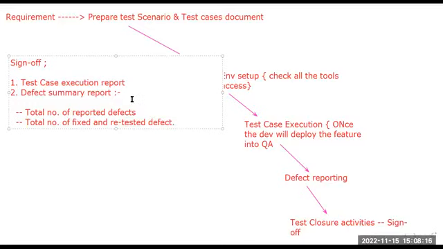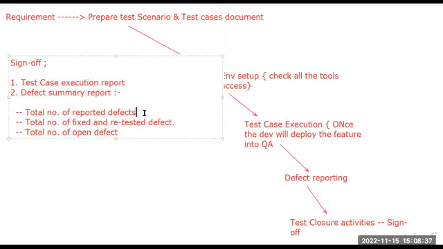Let's say you have reported 20 defects. Out of 20, let's say 10 they have fixed, so those 10 defects you have to retest. That number you can provide here. Then you mention the total number of open defects. An open defect is one that developers are still working on.